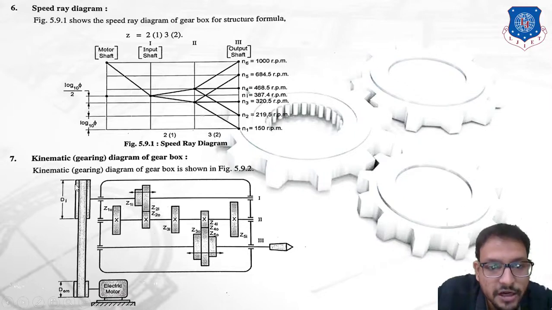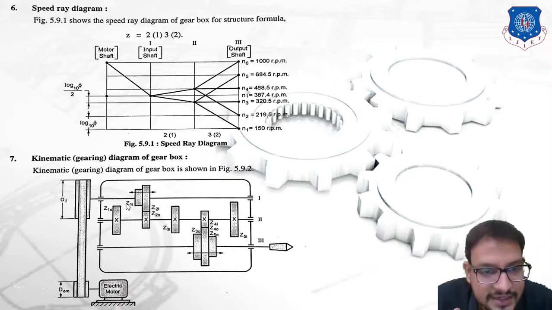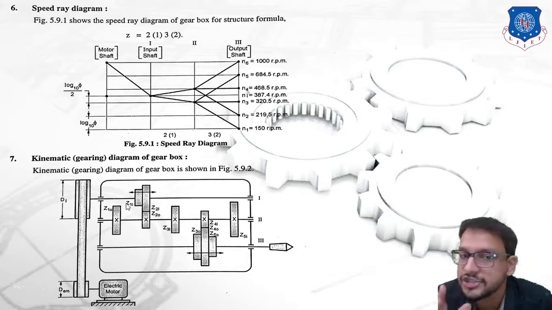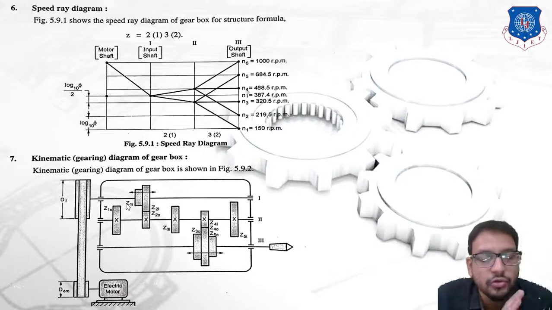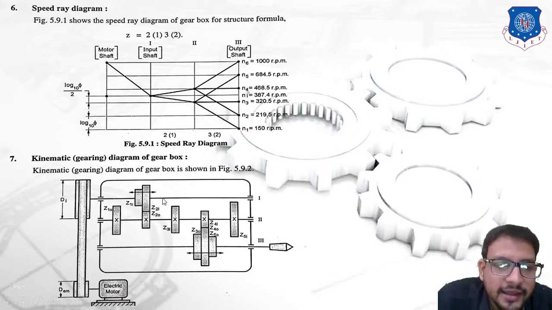In this way we need to draw a kinematic diagram. Over here I have given numbering, where Z represents the number of teeth on each gear. We also need to find the number of teeth, so we are going to label all the gears. Z2I will be meshing with Z2O.